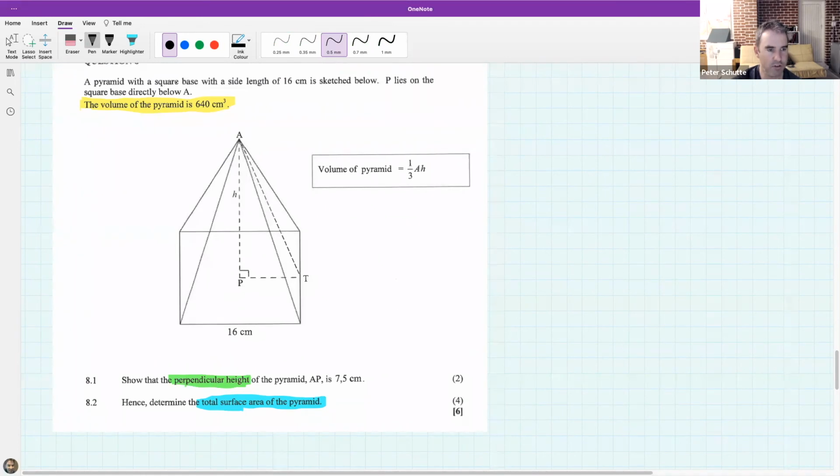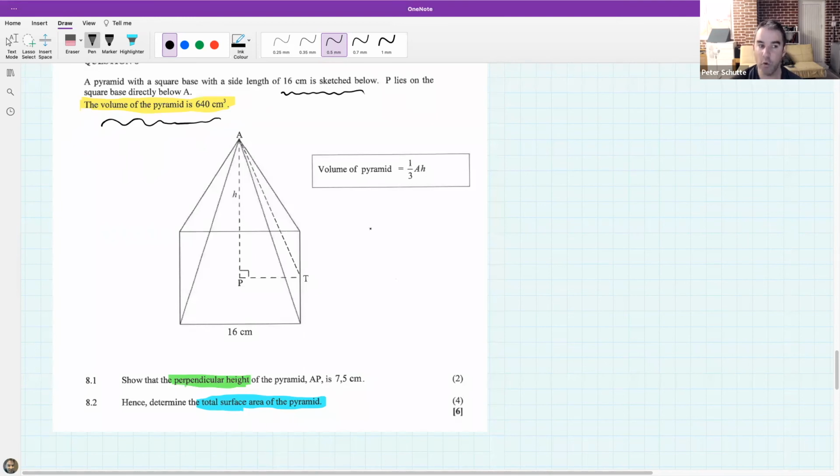A pyramid with a square base has a side length of 16 centimeters. P lies on the square directly below A. The volume of the pyramid is 640 centimeters cubed. The volume of the pyramid is given by the formula 1/3 times the area of the base times the height.